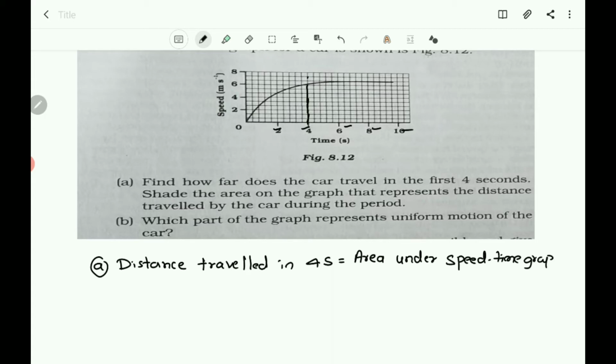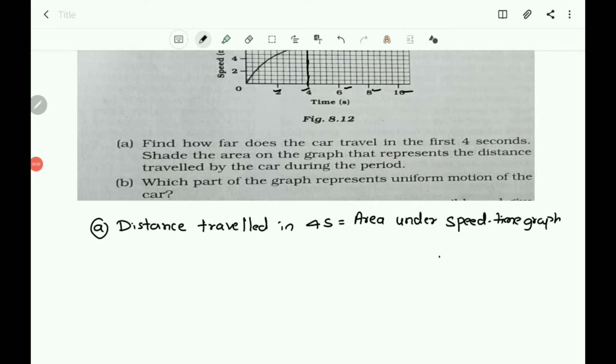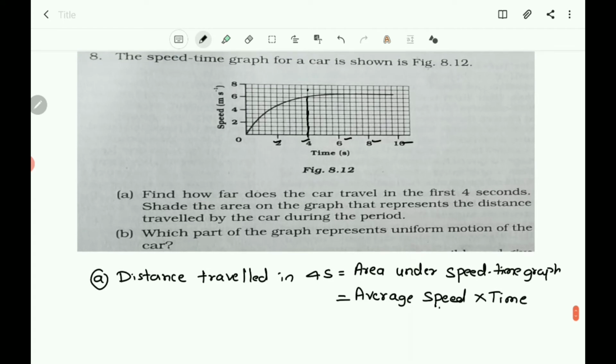So the distance traveled in 4 seconds is equal to what? That is the area under the speed-time graph. That is equal to average speed into time.